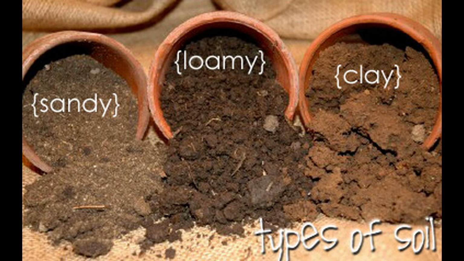As I said to you, there are two things: one is the rocky materials from which the soil is formed, and the other is the humus. Some soils have more rock and less humus, some have more humus and less rock. So depending upon the proportion of these two things, we can see different types of soil.